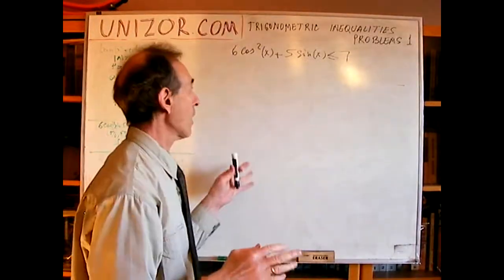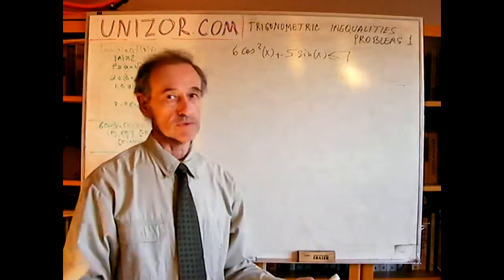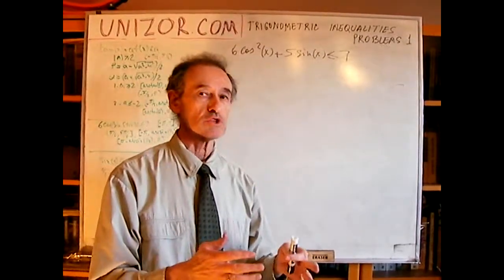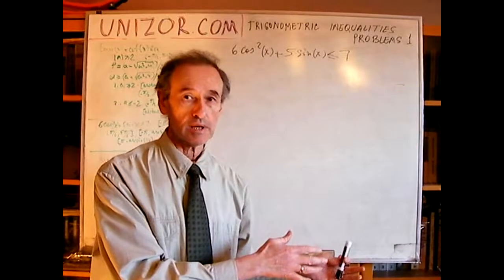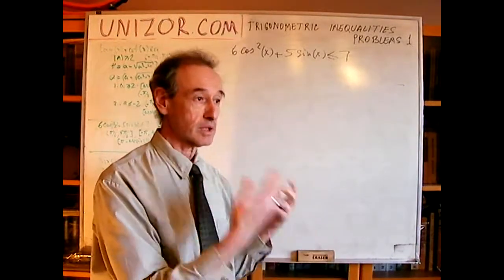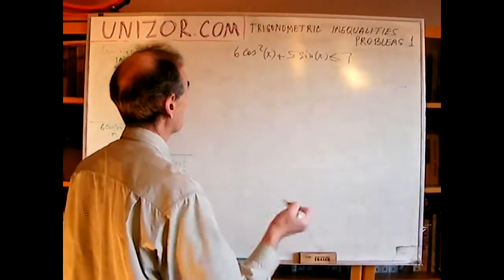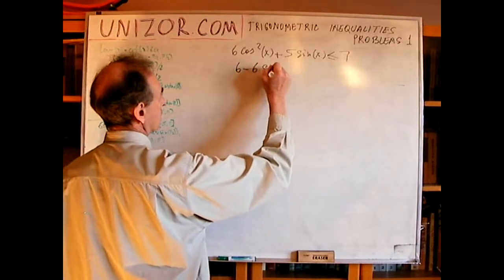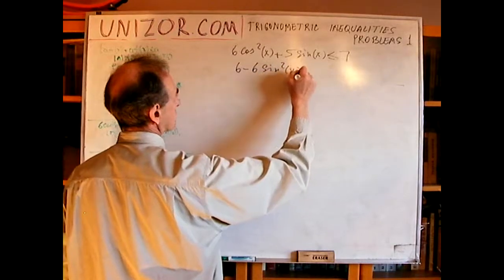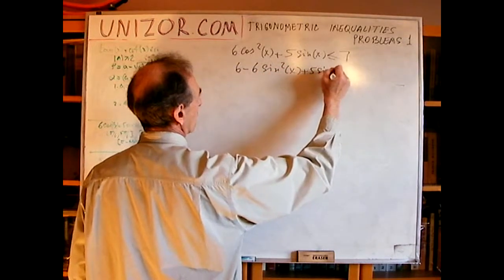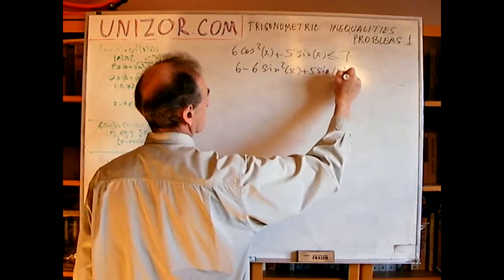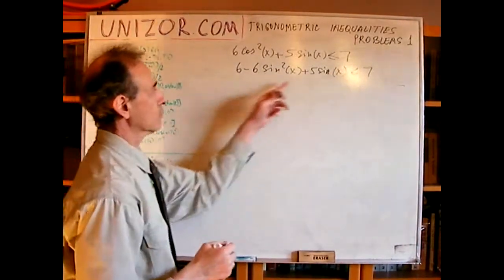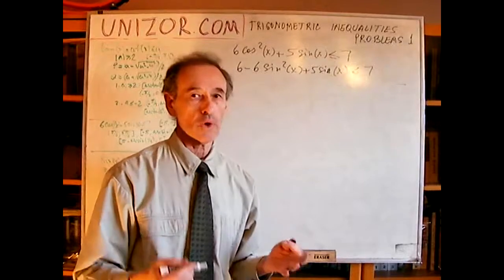However, it's obvious that cosine square can be converted into sine square, and then you will get a situation which is relatively similar to whatever was in the previous problem. We have a quadratic inequality, so it's 6 minus 6 sine square of x plus 5 sine of x less than or equal to 7. So it's a quadratic inequality which we know how to solve.